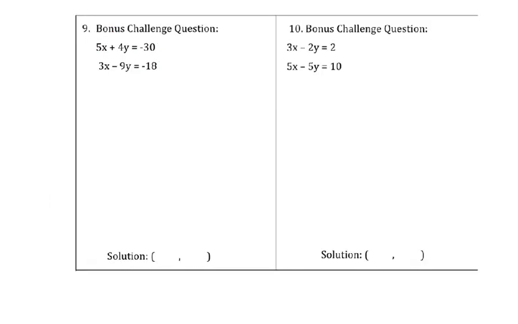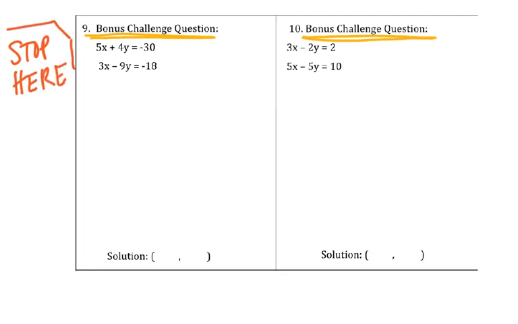Okay, so at this point in the video, we are now on bonus questions. These here are just for extra credit. If you don't want to try these, if you're like, oh, that was really hard, I don't want to try it anymore, that's fine. You can stop here if you want to. So for regular credit, it's okay to stop here.